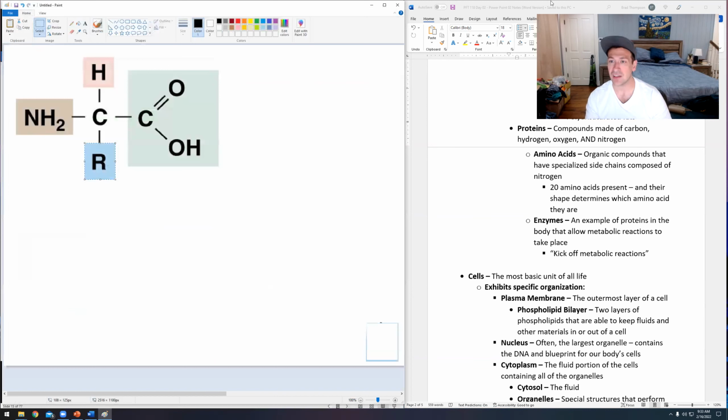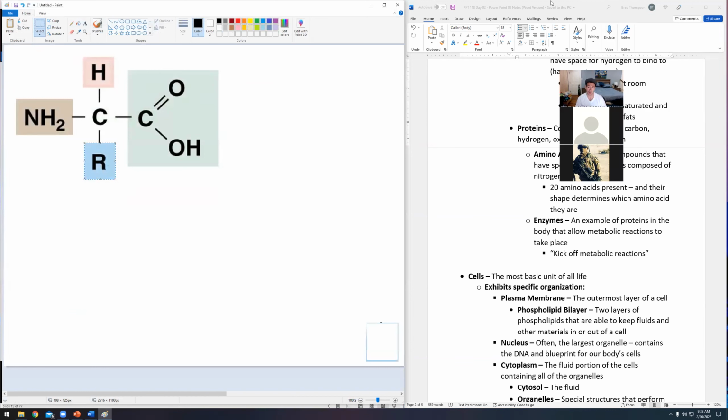So what the heck could it be? Well, this is actually what we call an R group. If you were to zoom in on this R right here, it's a fill-in-the-blank example, like algebra. It's X, you know? And so this little side chain right here can look 20 different ways.